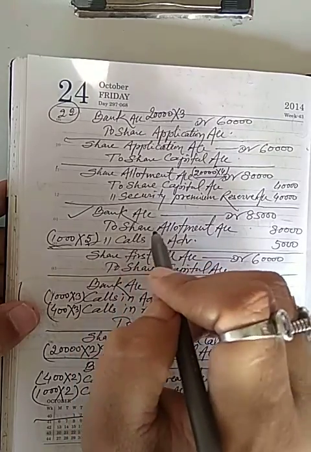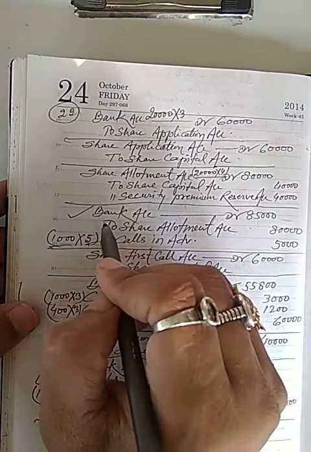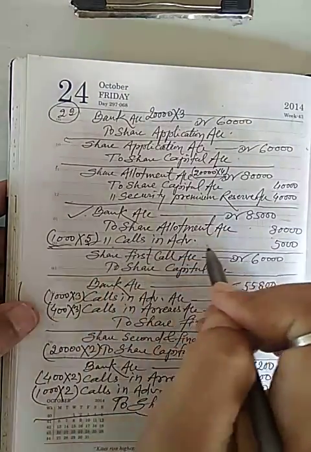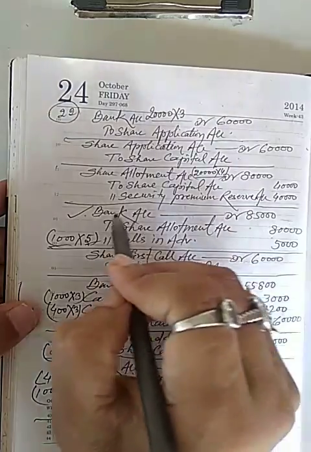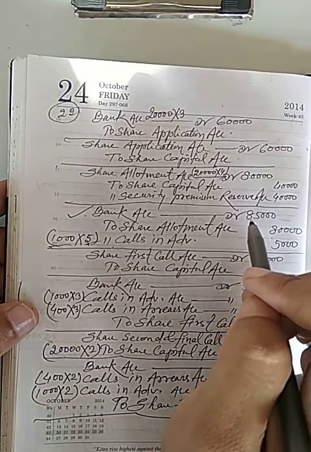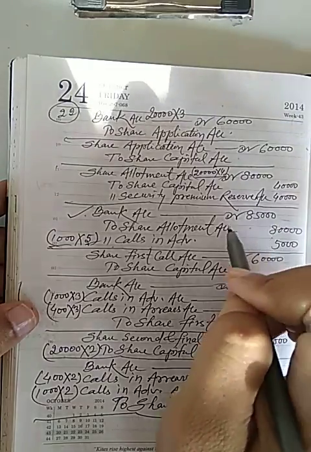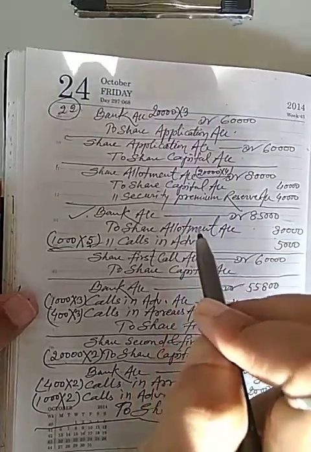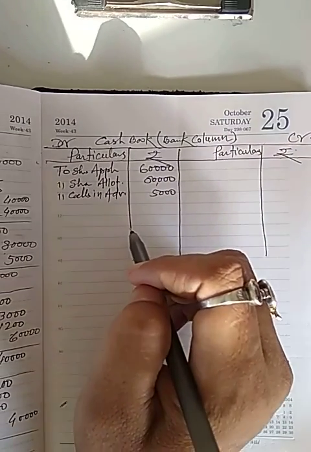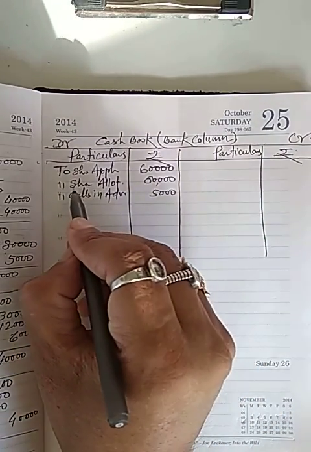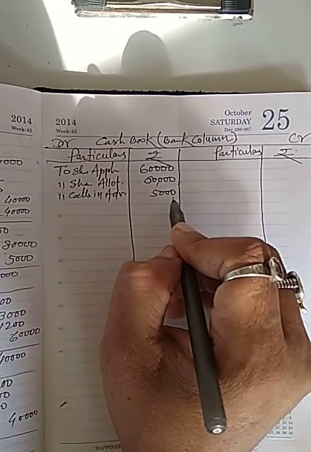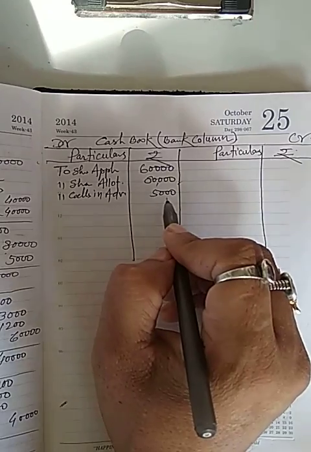So on the debit side of the cash book of bank account, share allotment account 80,000 and calls in advance account 5,000, because in total I have received 85,000 with allotment.